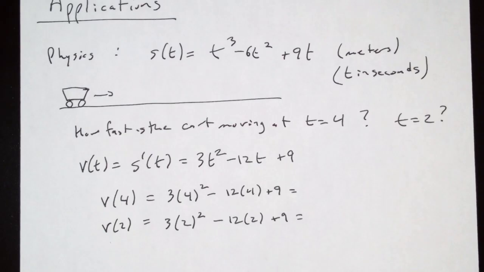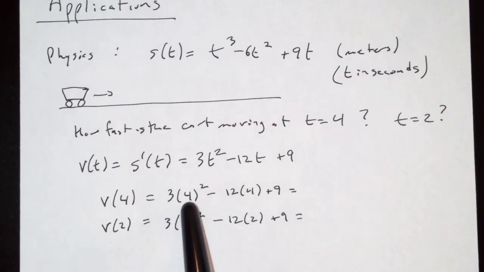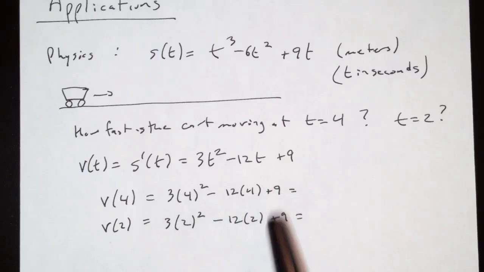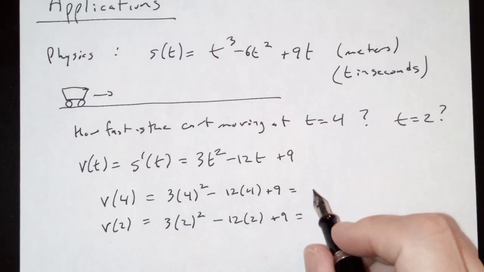I'm in need of numbers. What's v of 4? 3 times 16 is 48. Minus 48, those cancel, and I get 9 meters per second.